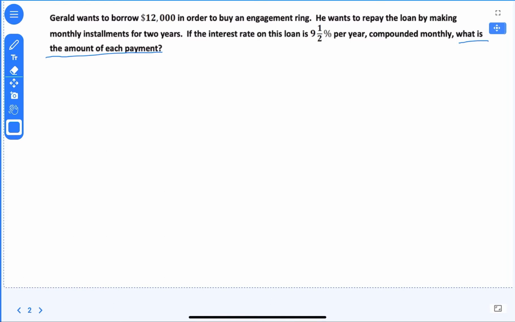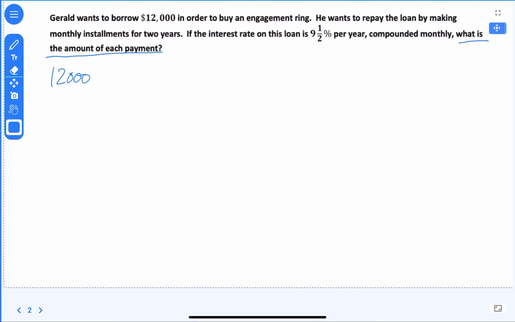Now, we got 2 different formulas we can use for finding big R. So let's just write the original one. What is the amount he wants to get? He wants it to be $12,000 in the future, right? He doesn't want to borrow because he wants to spend the same amount each month so he can pay $12,000 at the end. Okay?